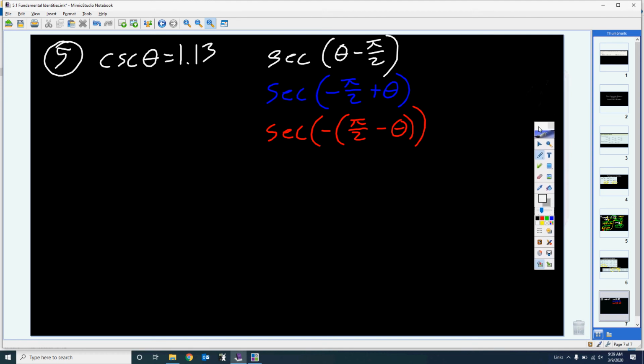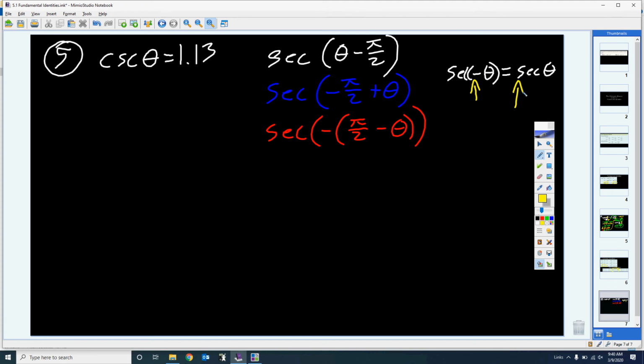We had an identity that said secant of negative theta is the same as secant theta. So the negative doesn't affect the final answer, and I can essentially just get rid of it.